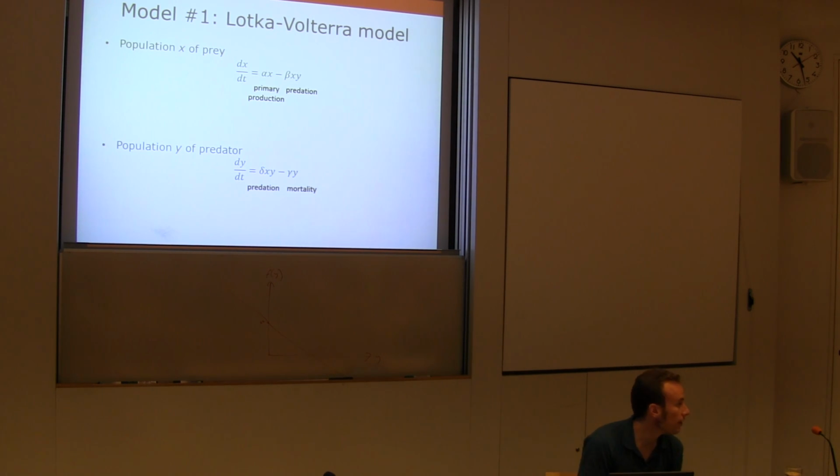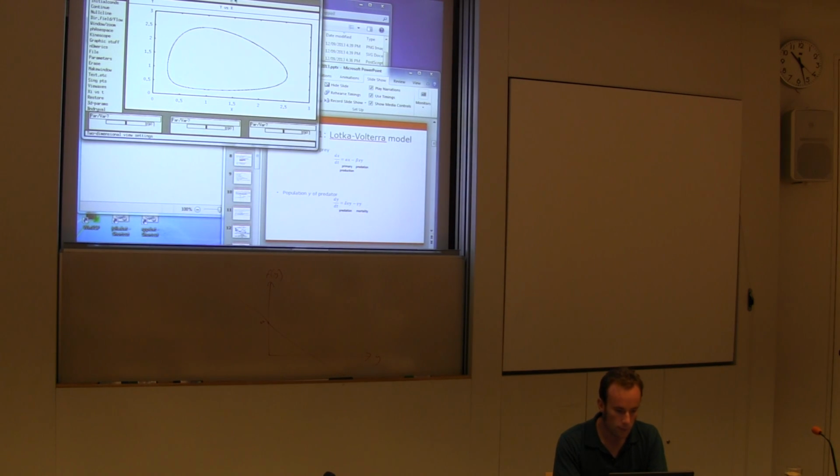Yes? The state space diagram you just plotted is still only valid for those initial conditions. Exactly. That's a good question. Let's see if we can do it here. We can get other initial conditions.